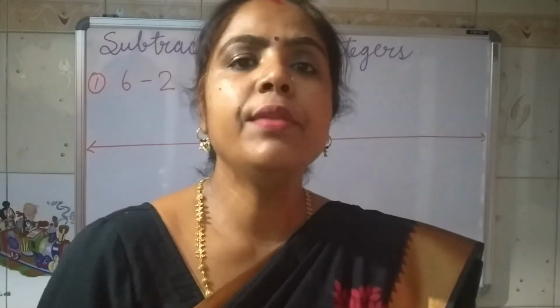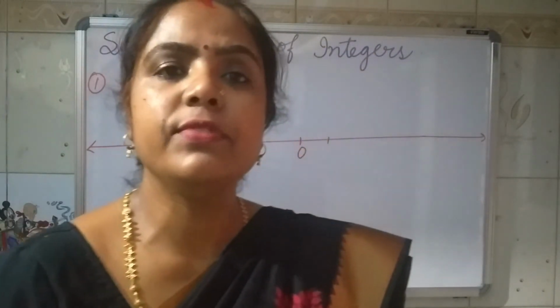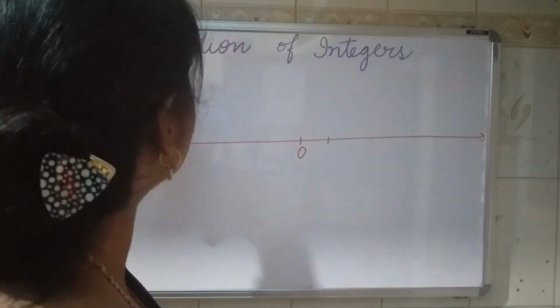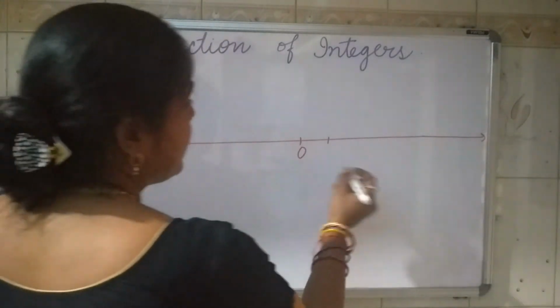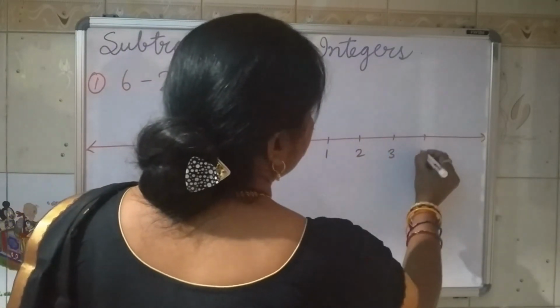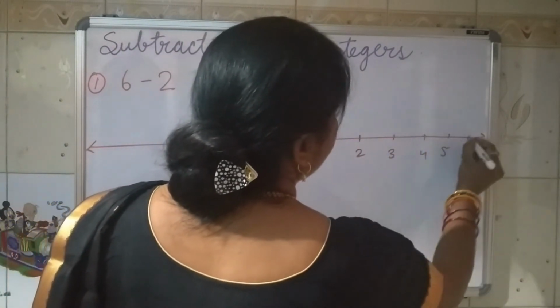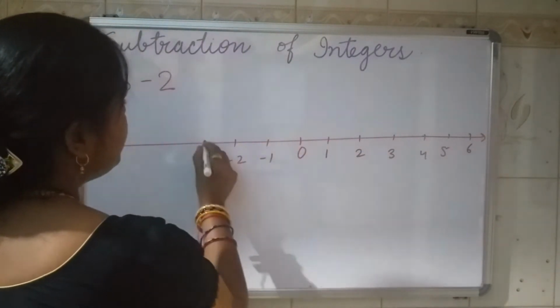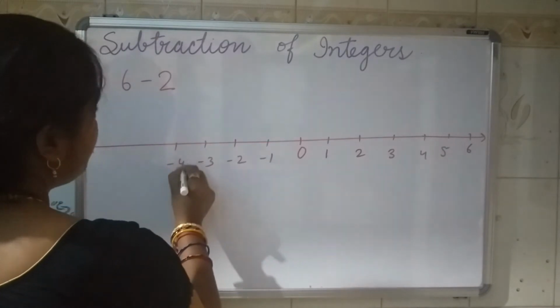So now we are switching to the subtraction of integers. First is on the number line. If the expression is 6 minus 2, first we will make the number line: 1, 2, 3, 4, 5, and this is 6. This side it is minus 1, minus 2, minus 3, minus 4, and so on.